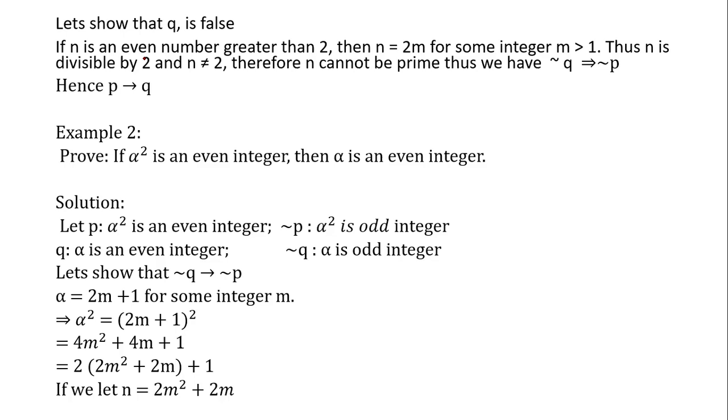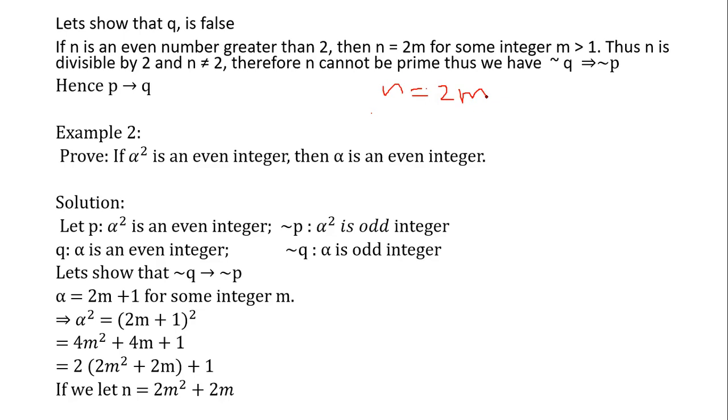If n is an even number greater than 2, because we are taking not Q, then by the definition of even numbers, n equals 2m, where m is any positive integer.